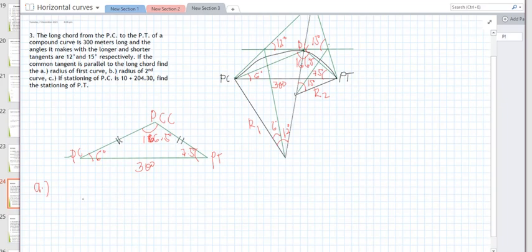So sine law, this distance is given, so that is 300.